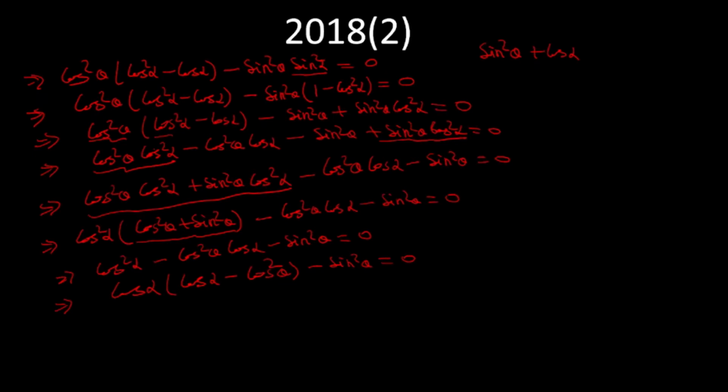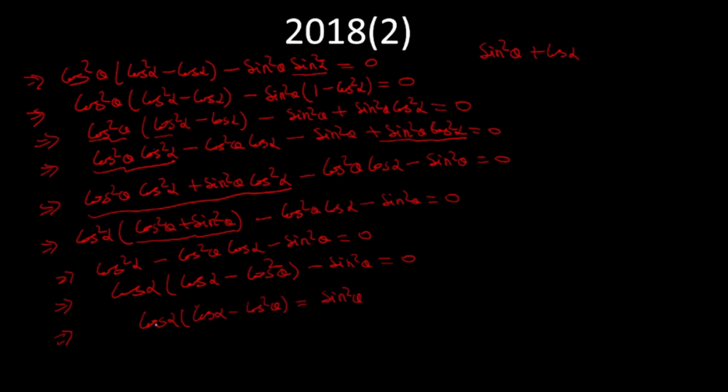We only find cos alpha value and sine square theta. So okay, we find sine square theta value first. So we get sine square theta in terms of cos alpha and cos square theta.